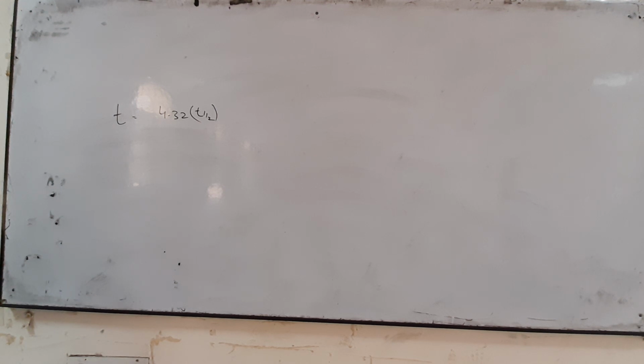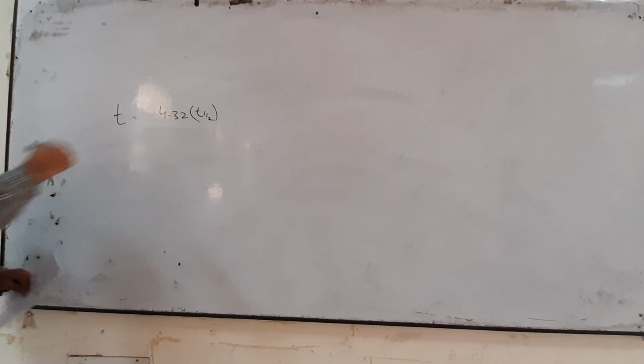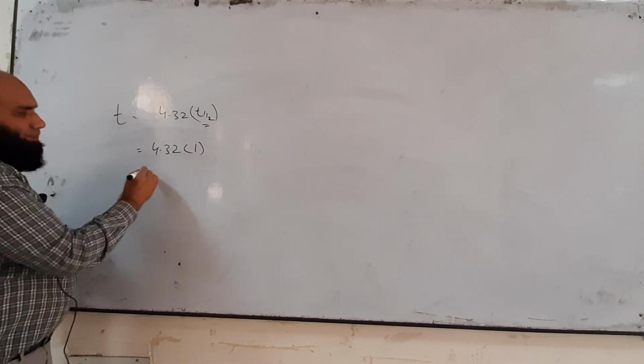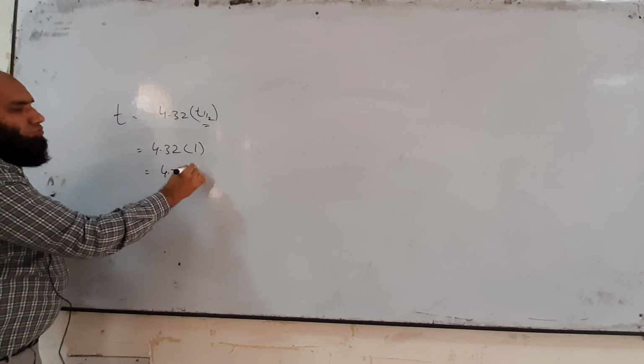Other is, how many samples will I get from the patient, and for how long will this study continue? The answer is, we will check the half-life of the drug first. If the half-life of the drug is 1 hour, then we will put the value T half here as 1. 4.32 into 1 is 4.32 hours.